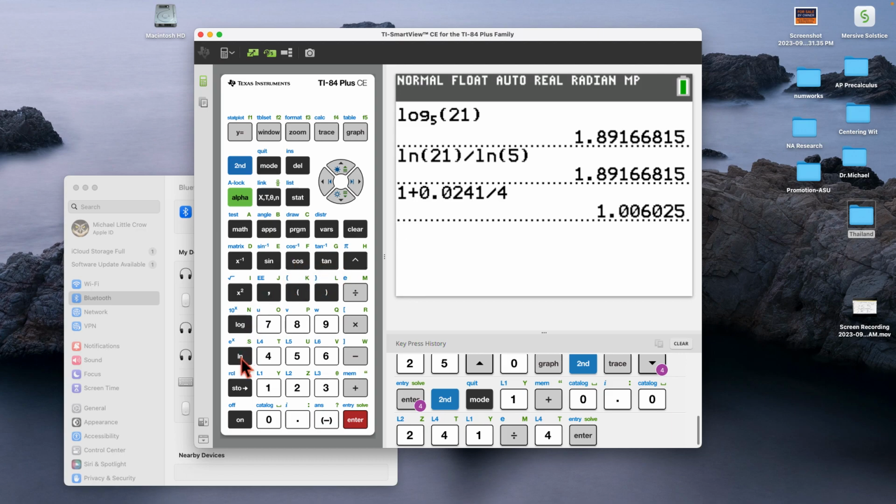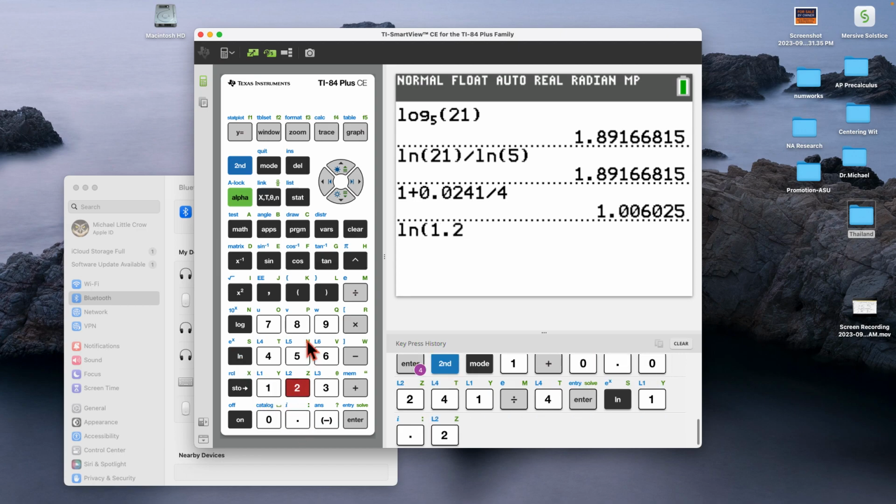And the reason we go with natural log is because we usually have a button that will do that. Natural log of 1.2. And I want to show you this one because you want to be careful how you enter this. If you enter the 4 and then the natural log, you may get order of operations issues and it doesn't work right. Everything has to be in the denominator.